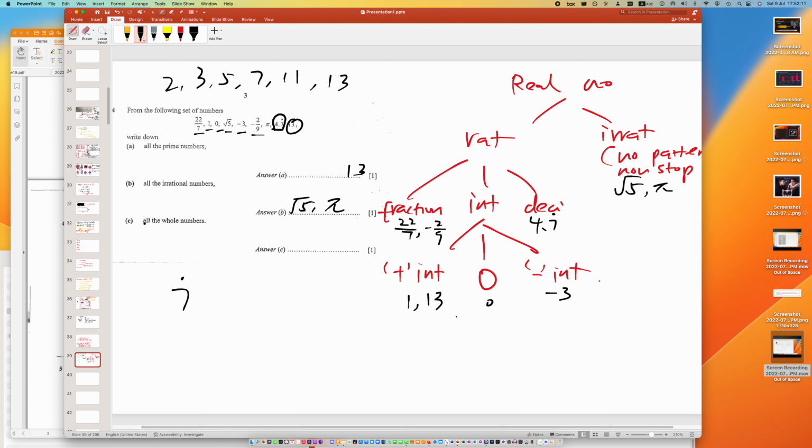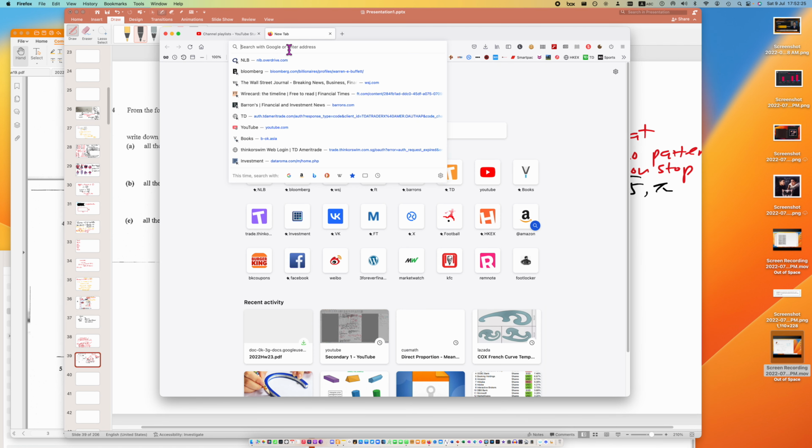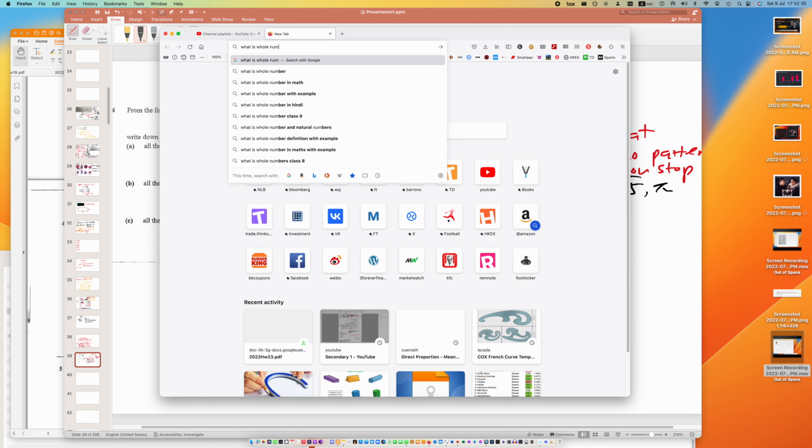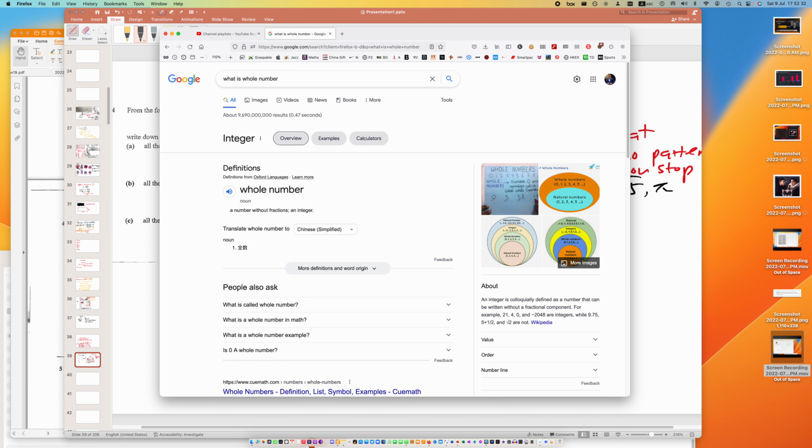All the whole numbers are under where? Whole number is everything except for 0, and whole number has no negative. Let me think. Whole number is without fraction and integer.